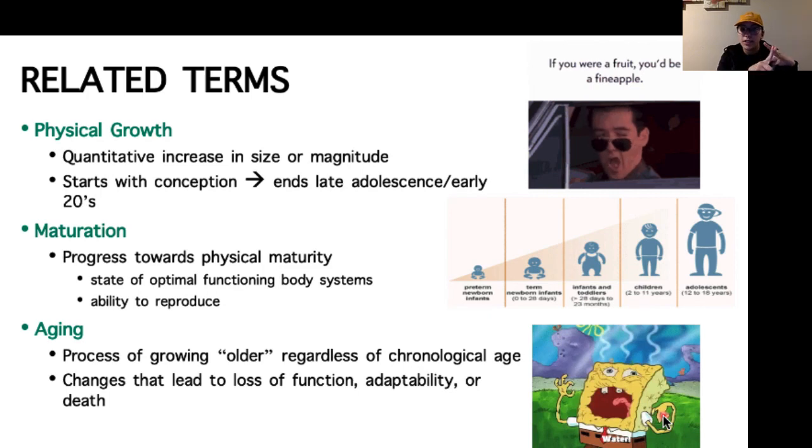Physical growth and maturation do have a stopping point. While aging is continuous, we don't usually see it until later in the lifespan, or at least the rate is different. So again, these will come up when we talk about development, but they're not synonymous with it.